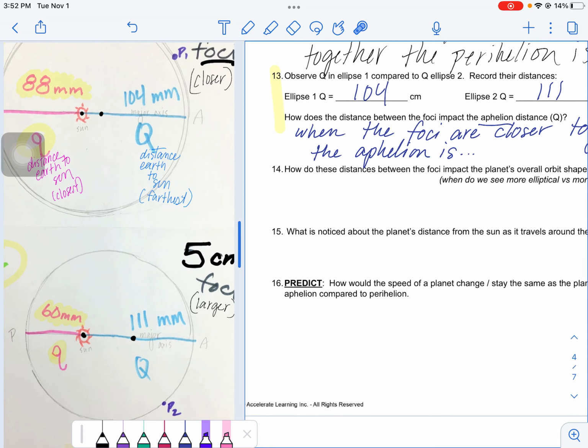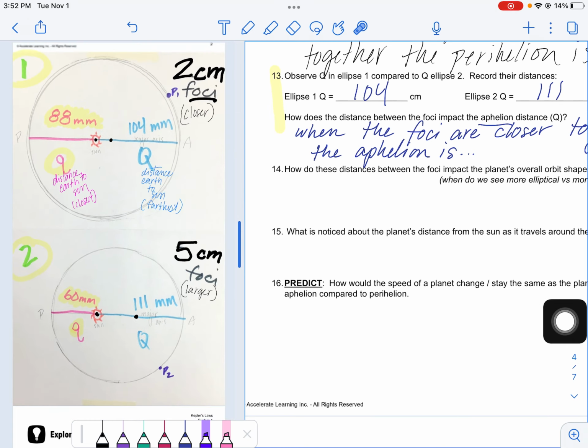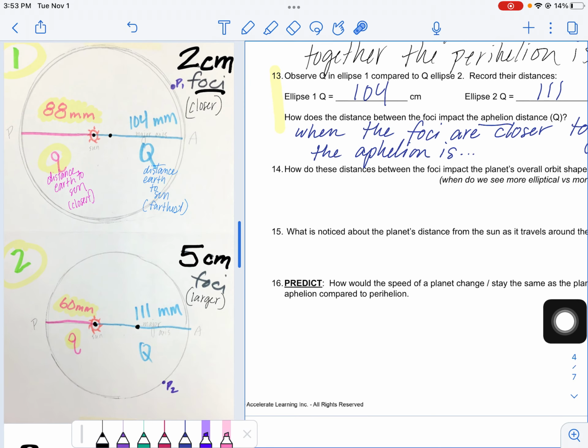Okay, these next few, 14, 15, 16, these are all observational and predictive questions based on our diagram. So continue to look at that diagram and answer what you observe and what you predict.